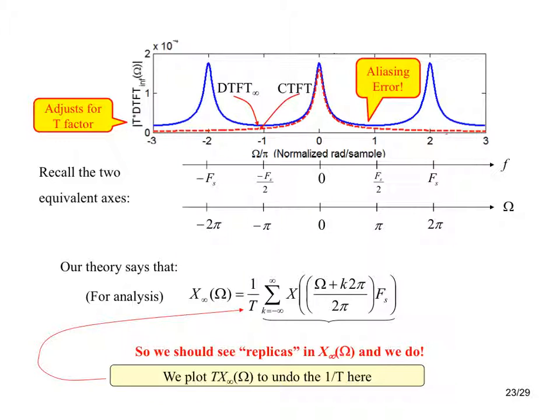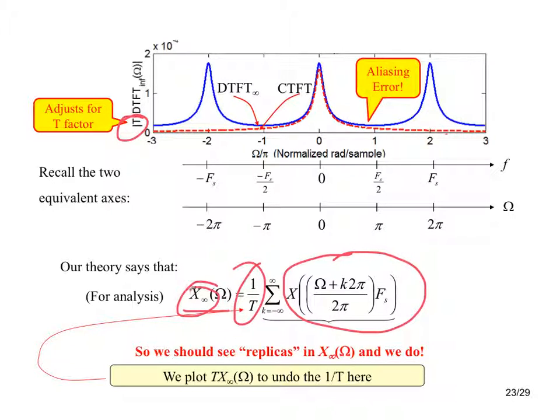Now, what's with the T? Why did I put a capital T here multiplied by my DTFT? Well, remember, our sampling theory says that the DTFT ends up being all of these spectral replicas of the CTFT with a 1 over T out in front. So I'm trying to compare this thing to the original CTFT up here. But there's this 1 over T that's making their heights difficult to compare.